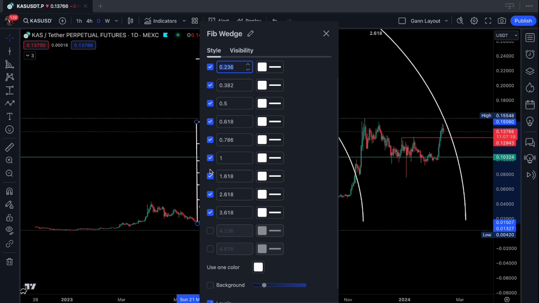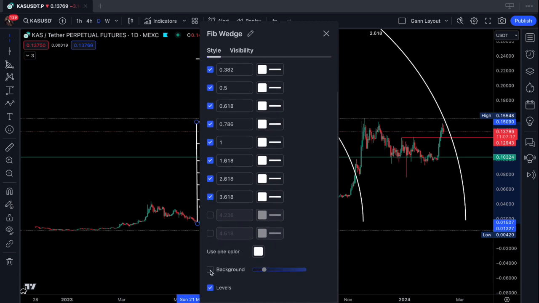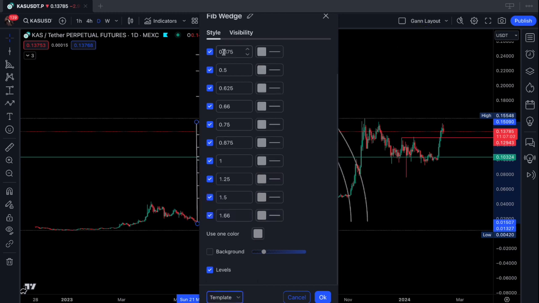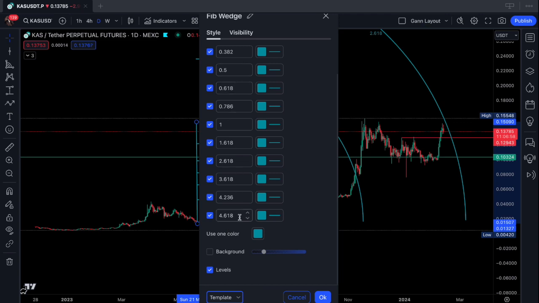You can adjust the values, adjust the background, choose colors. You can choose different colors or one color, and you can also apply, let's say this is Gann values. You can apply Gann values, or you can apply Fibonacci values, whatever works best for you.